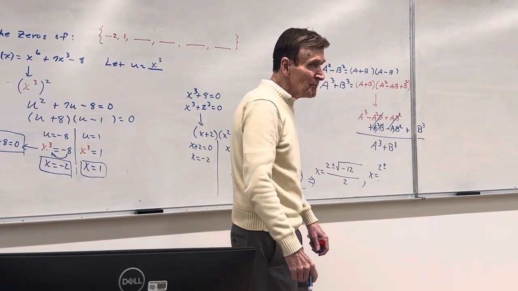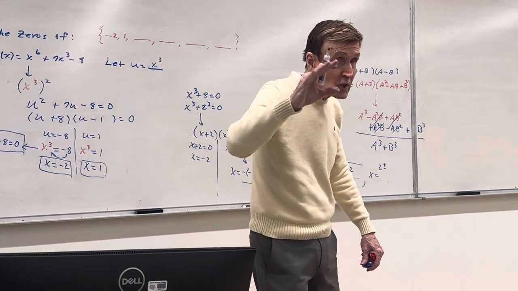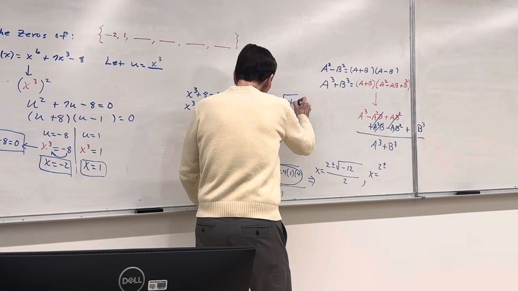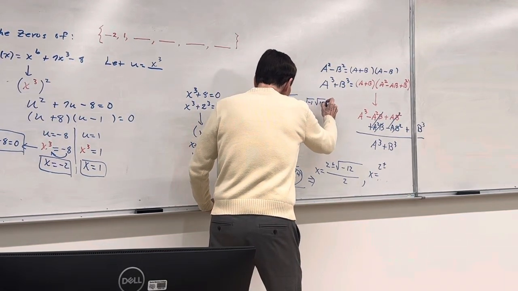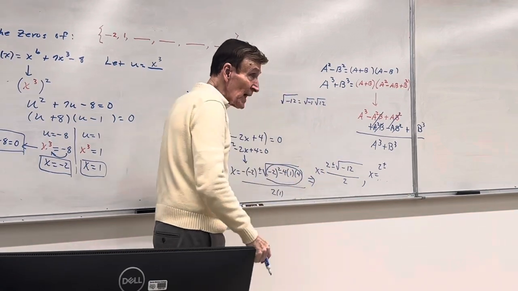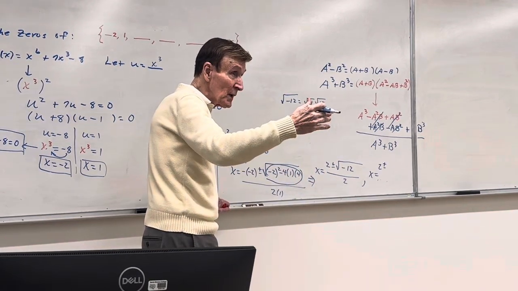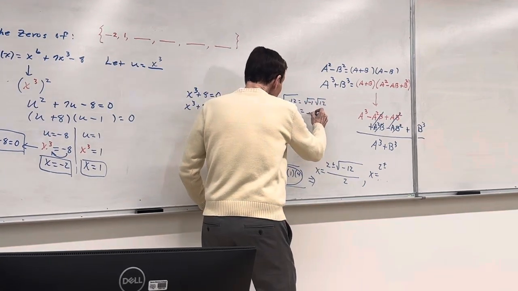Now, can anyone tell me, what do you think square root of -12 looks like? I'll put it on the side here. I know this much. I think before the break we said square root of -1 is the what? I.